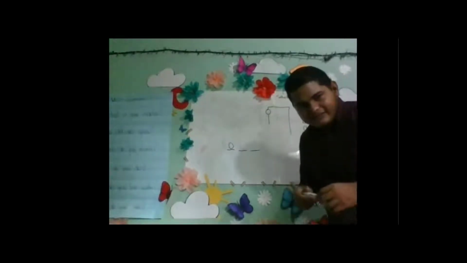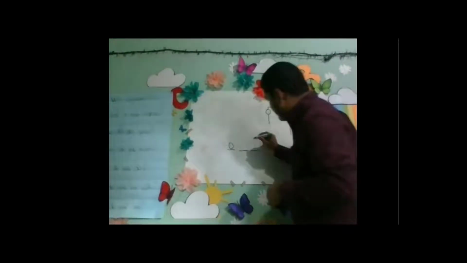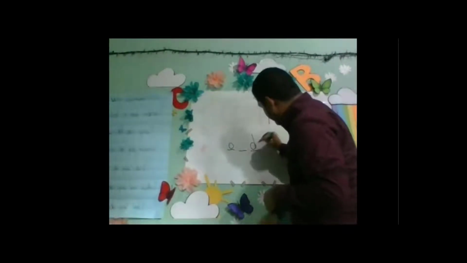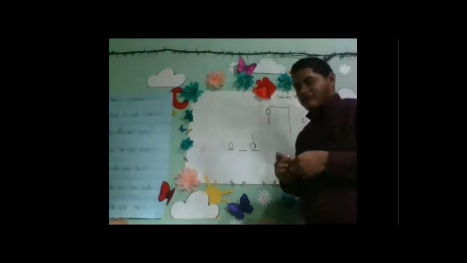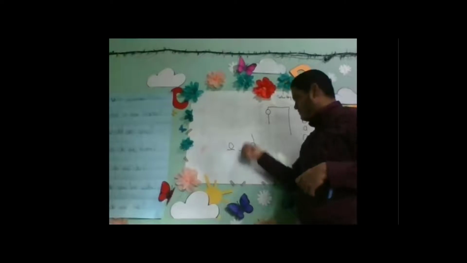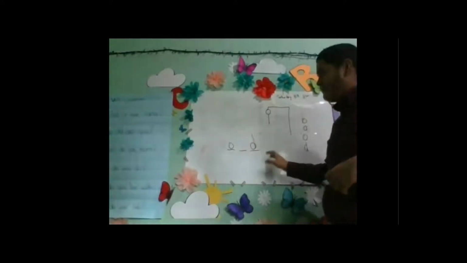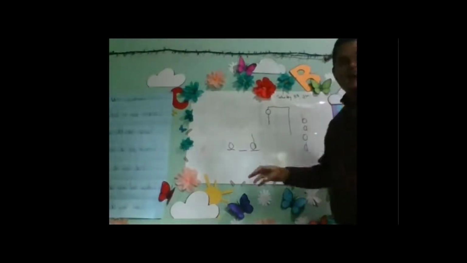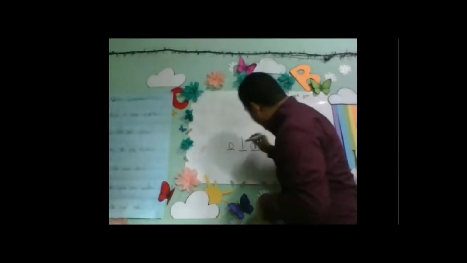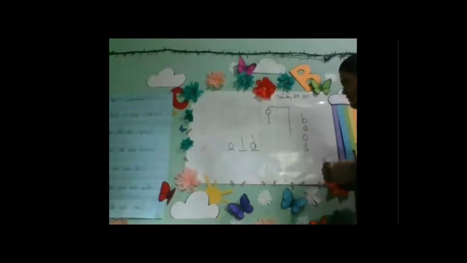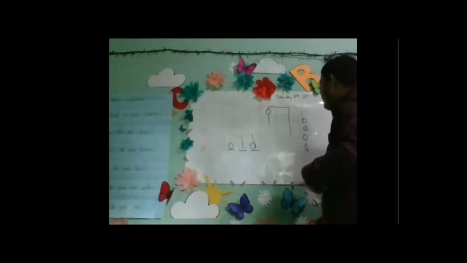Another letter is the letter D. Okay, the letter D appears in the word. For you, what is the word right now? There is one letter missing, but try to guess. What do you think is the word? Aha! Excellent. The word here is old. Okay? Excellent. Very good, my friends. So I'm going to write the word over there.